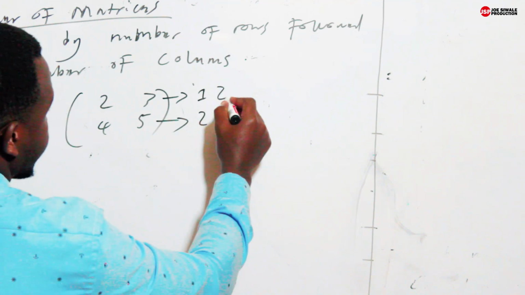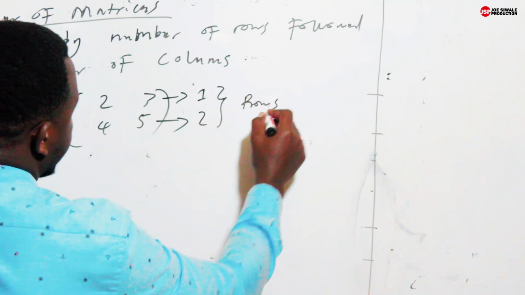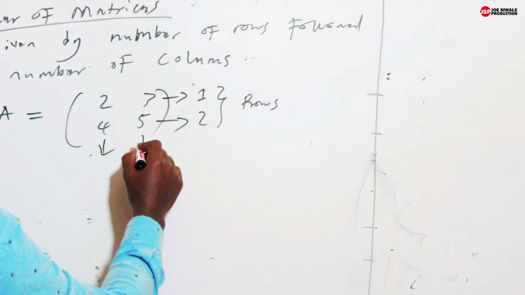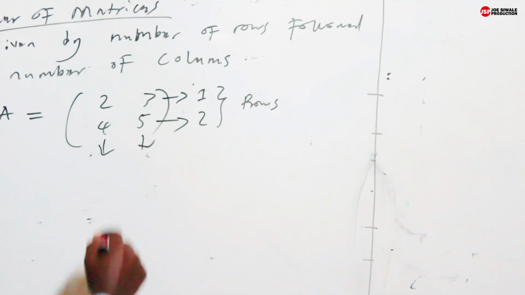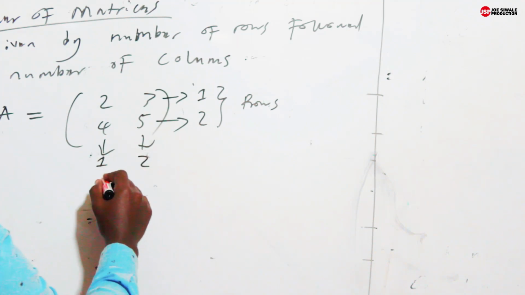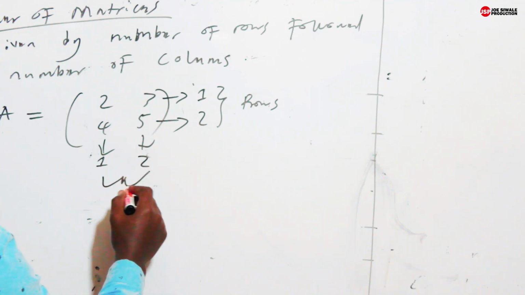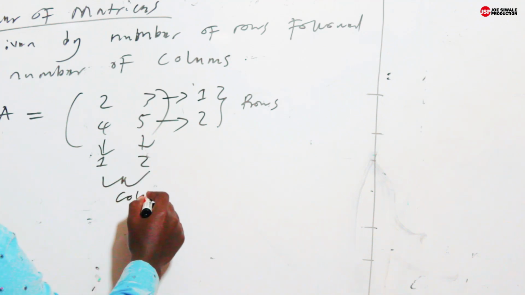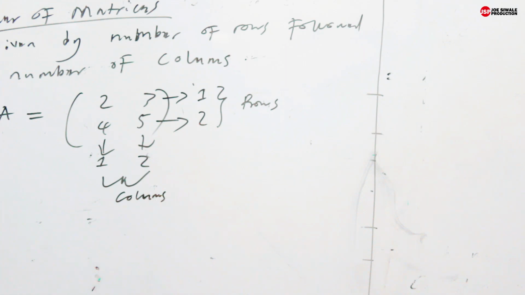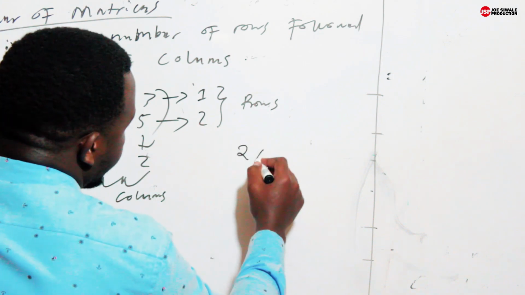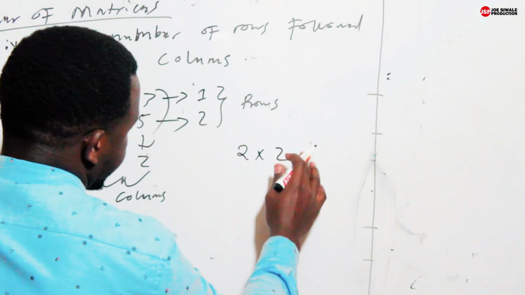So we can say these are our rows. Then the columns, we're also having 1, 2. So these are our columns. So to give this order, we can say this is a 2 by 2 matrix.